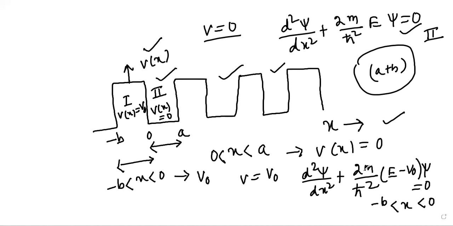So these are the two Schrodinger's equations we can write for the two regions where the potential is 0 and V0 respectively.